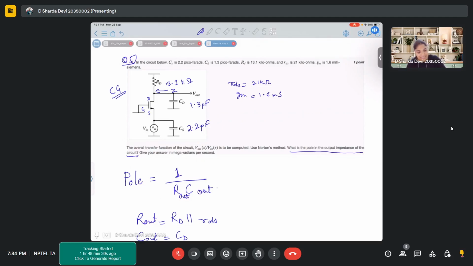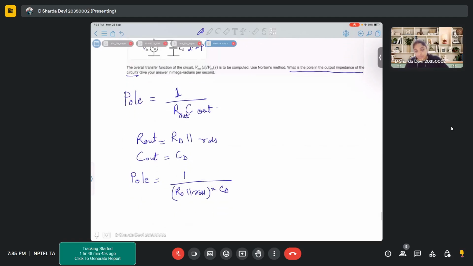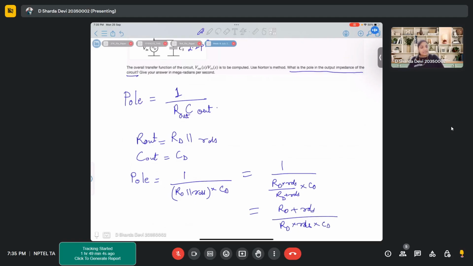So we'll only consider CD. So the value of pole is 1 upon RD parallel RDS into CD. So this will become 1 upon RD into RDS by RD plus RDS into CD. That is RD plus RDS by RD into RDS into CD.